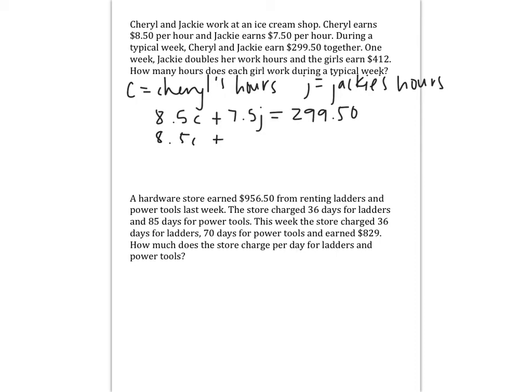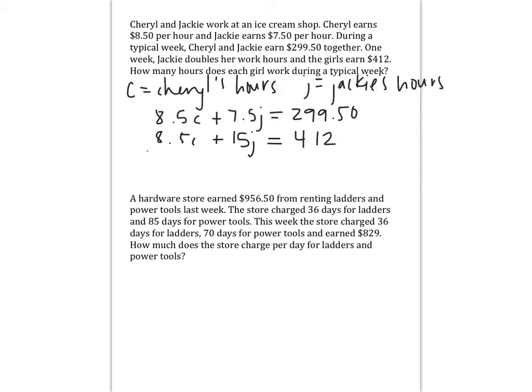So I'm going to say 2J, right, because she's doubling her hours. So instead of saying 7.5 times 2J, let's just multiply 7.5 by 2 right away, so we don't have a whole bunch of numbers that we have to work with. We'll just simplify that and say 15J equals 412.